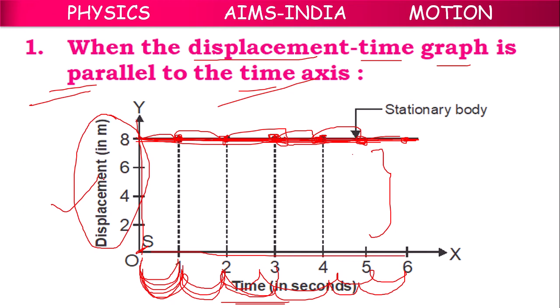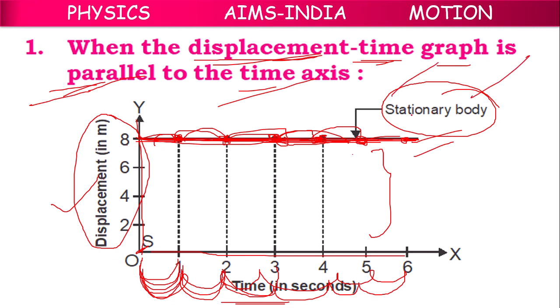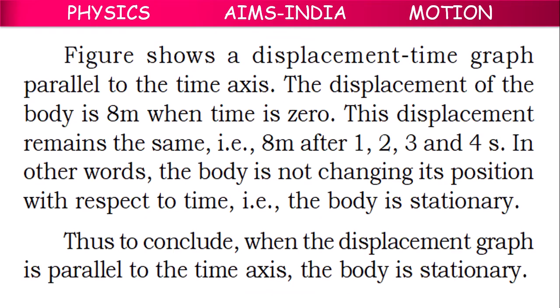then we can call that type of motion stationary motion, and that body a stationary body. So when the displacement time graph is parallel to the time axis, we can say the body is stationary, without any movement.